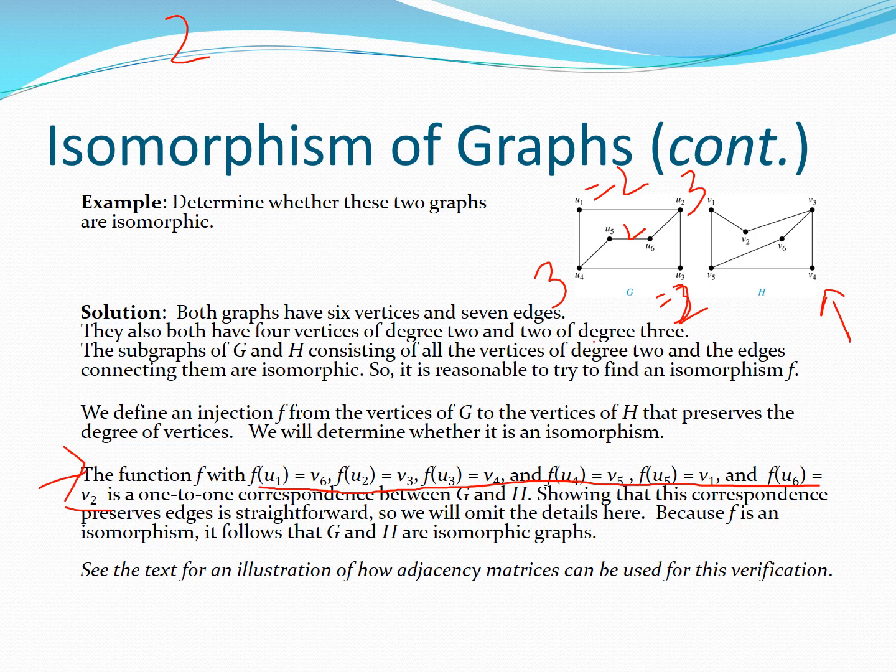These are the steps that you would want to follow in order to determine if the two given graphs are isomorphic. I'm going to give you several examples in your homework that I want you to work on and determine if two graphs are isomorphic or not.